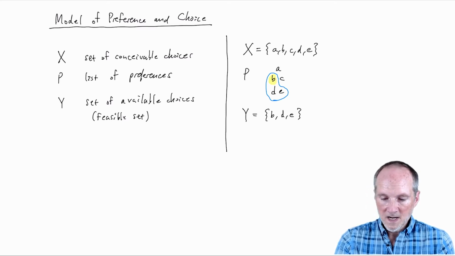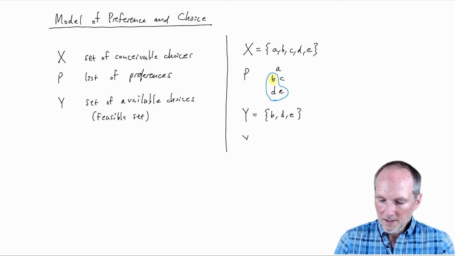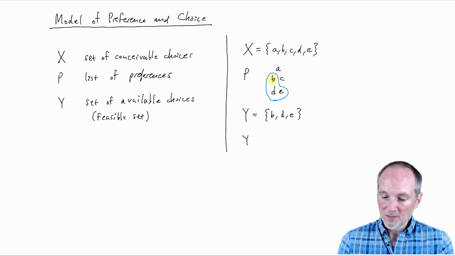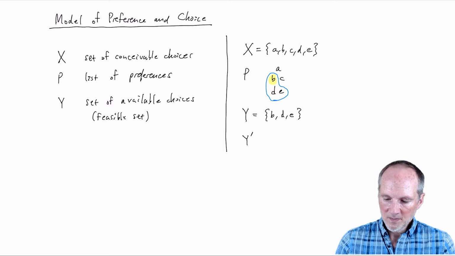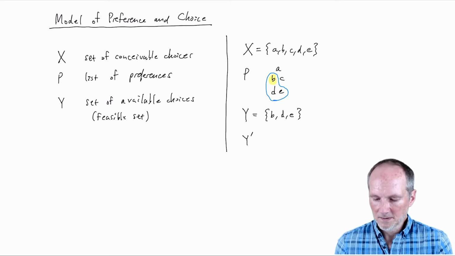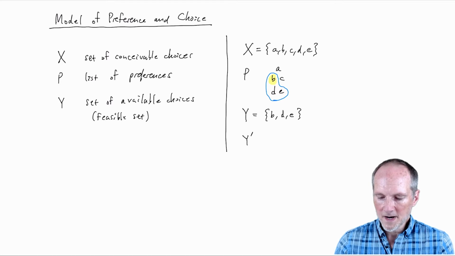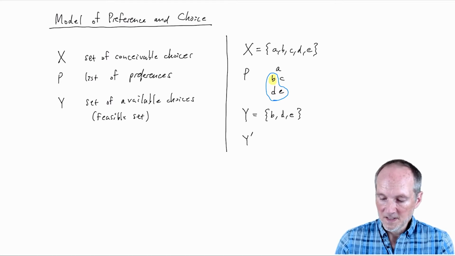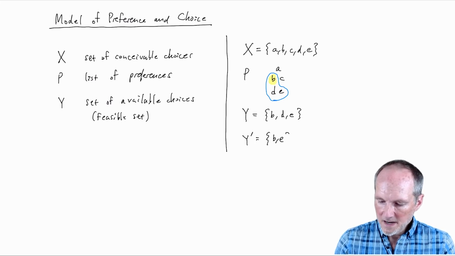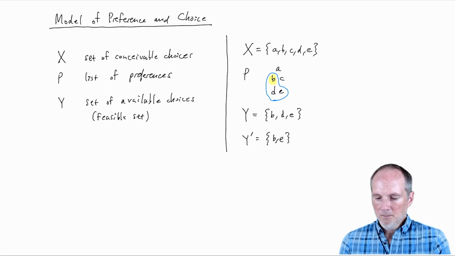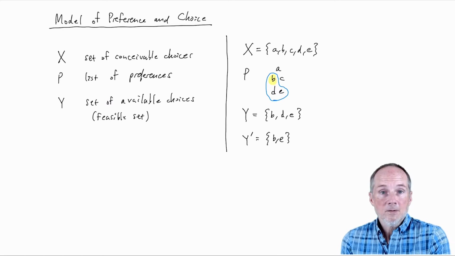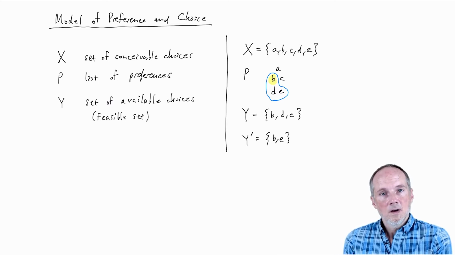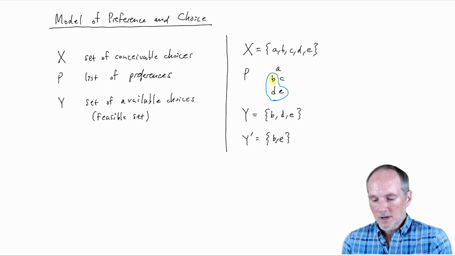And in our running example, if we go back to that, you can imagine a new set of available choices. And let me put this prime symbol next to our Y. So that's a new feasible set. And suppose that is just B and E. So basically now we're thinking about a hypothetical where D is no longer available.